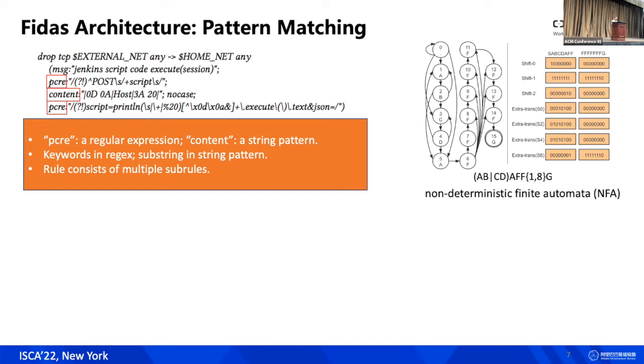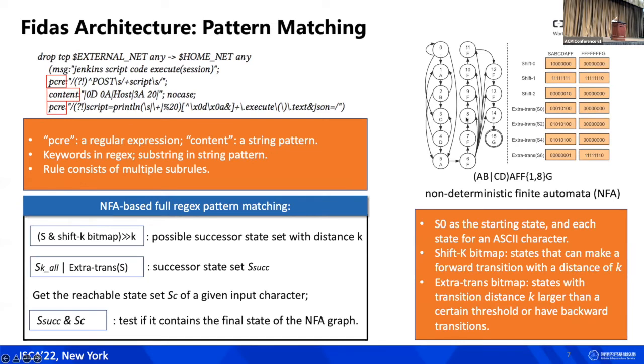in the full-blown version. Essentially, we're going to do it using the NFA, non-deterministic finite automata. This graph is a broken-down version of this regular expression. Each state here represents an ASCII code, and along with this graph, you can see we have some bitmaps. There's the shift-K bitmap, which essentially represents the states that can make a forward transition with a distance less than K. And there's also an extra transit bitmap here.